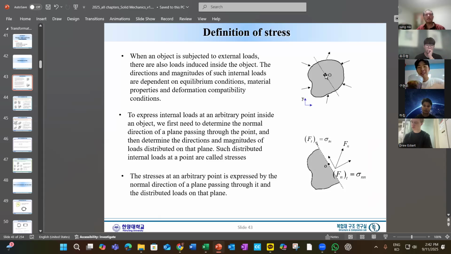To see the stress defined at a point O, we like to cut it, and try to see what's happening on that surface. Once we cut, we will have certain forces, two forces basically.